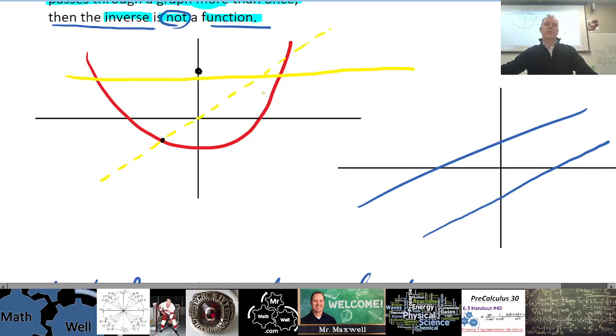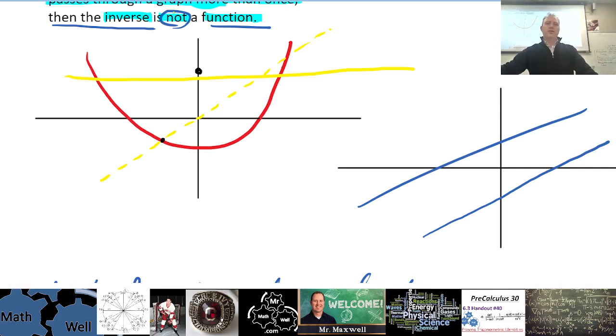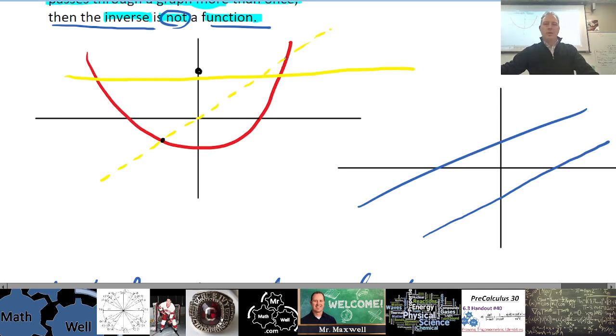And so if you're testing the functionality of the inverse, you draw a horizontal line on the original graph. So let's just see here. For this parabola, I'm going to draw an inverse. So that's going to come sort of like this, right? It's going to come down like this.